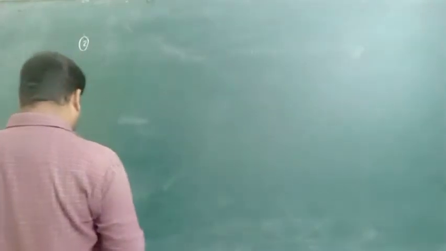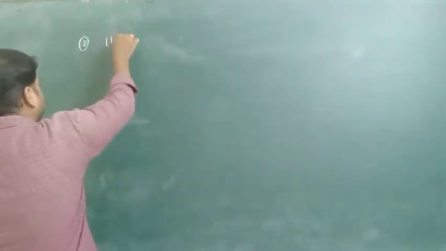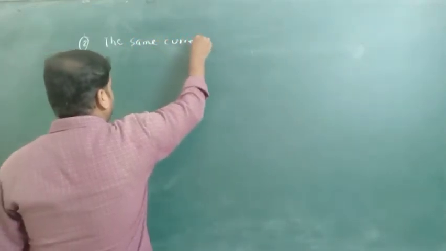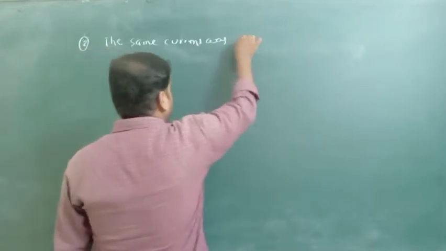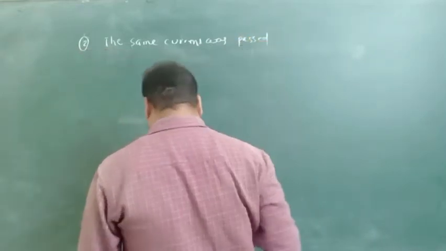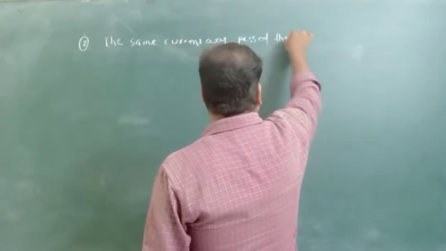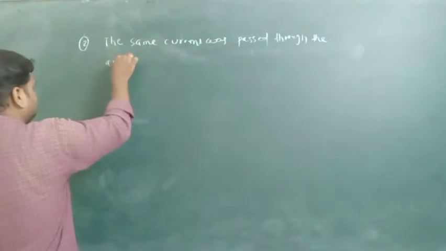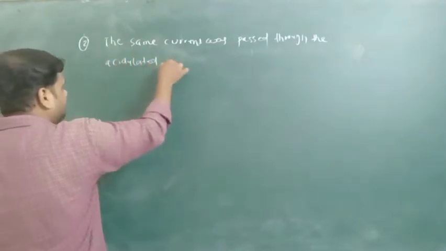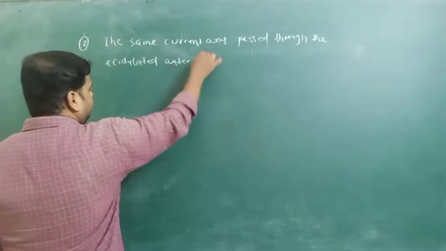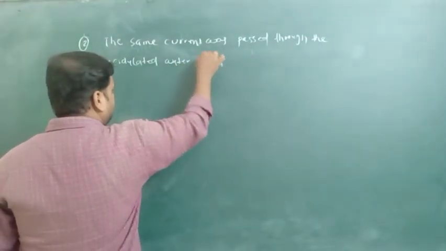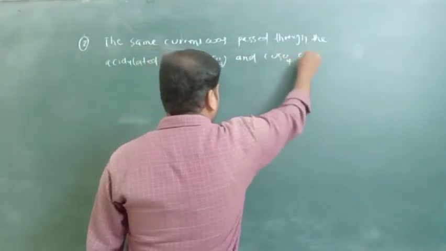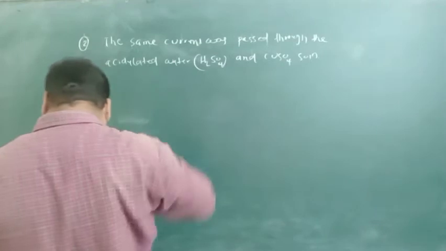The question: the same current was passed through the acidulated water. Acidulated water means H2SO4, and the copper sulfate solution.